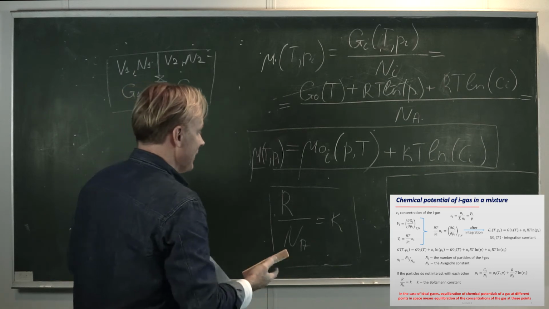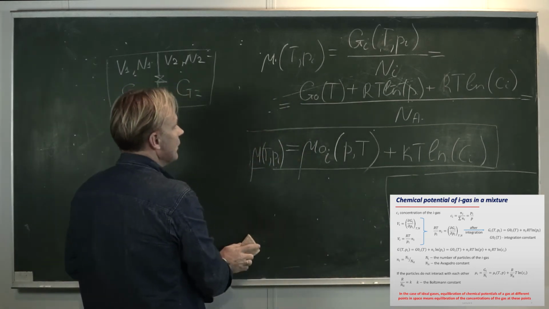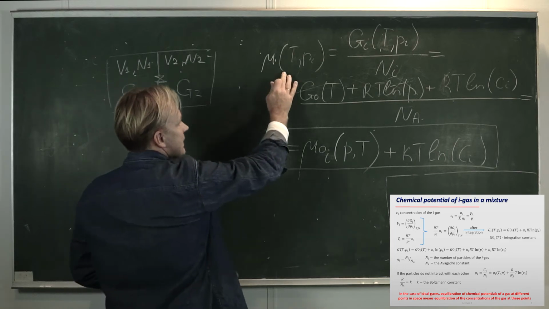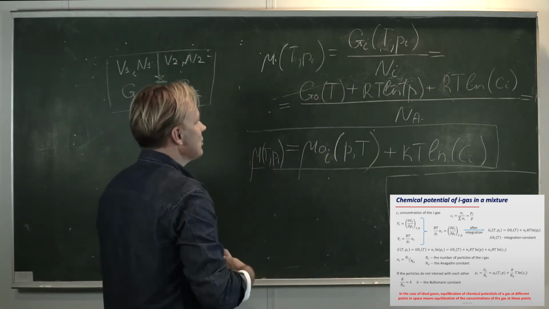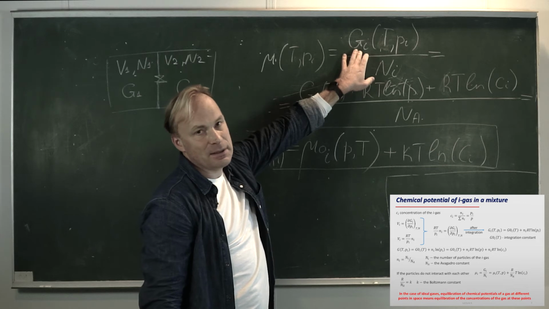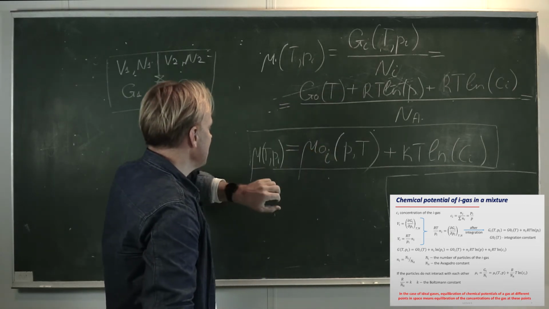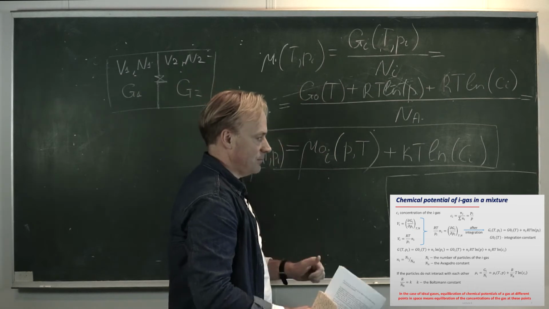Why do we need this chemical potential? How can we benefit from it? As you can see already from this expression, the chemical potential is in fact the Gibbs function of a single particle. So we can actually operate with a chemical potential as a Gibbs function.